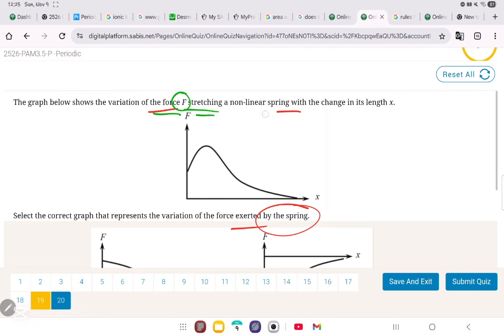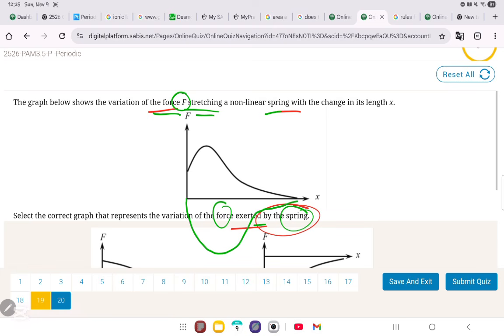Now they want the force exerted by the spring. So this is action, reaction. Action and reaction must oppose first of all. So it should be opposite, and it will be like this. So it's basically like you flip the graph, because a reaction must oppose. It should be in the opposite direction.